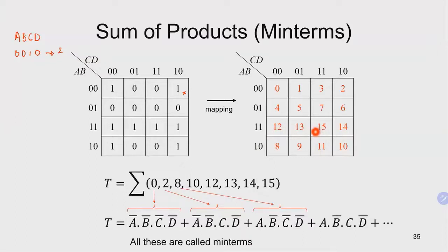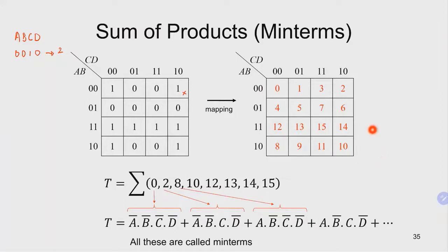Okay, so if you familiarize yourself with this index, it will make your life a lot easier to go from the truth table to the Karnaugh map. So you can easily fill the truth table into the Karnaugh map. So that is what we talked about earlier as the index.